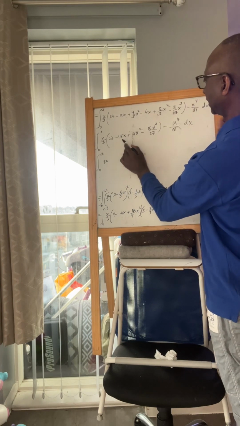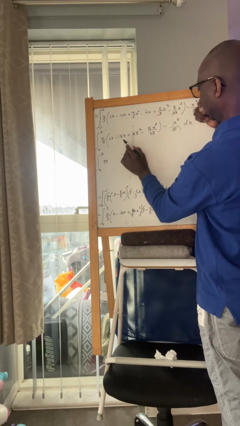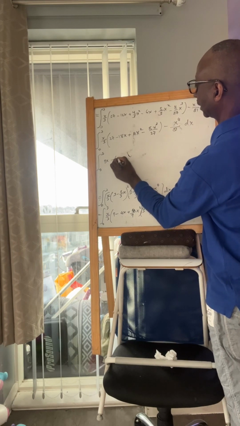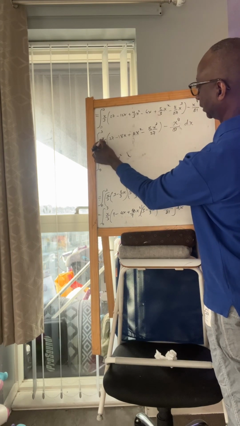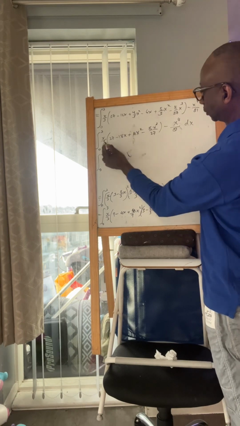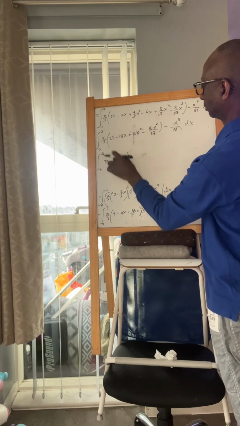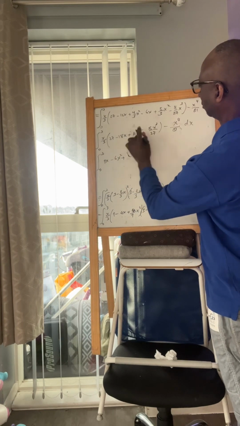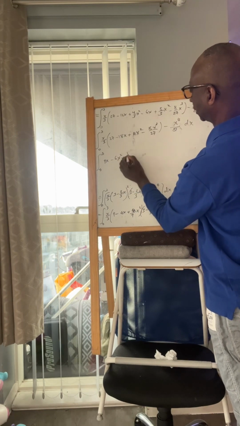And this is 18 divided by 3. This is minus 6x squared, because this is x times x squared. So 3 can go into 18, minus 6. You have plus here. This is x cubed all over 4.